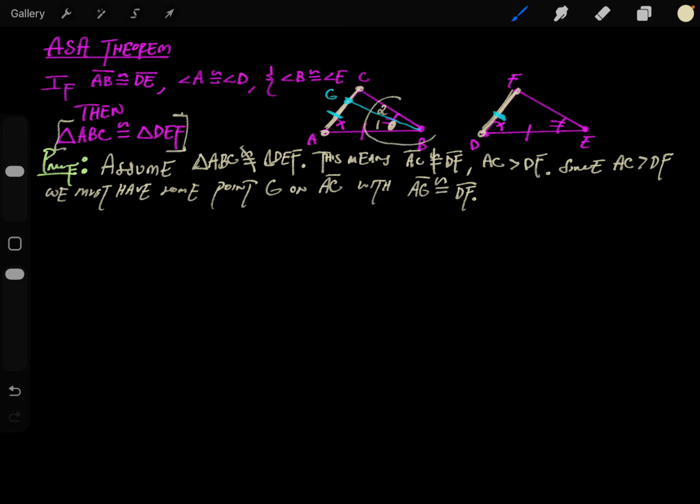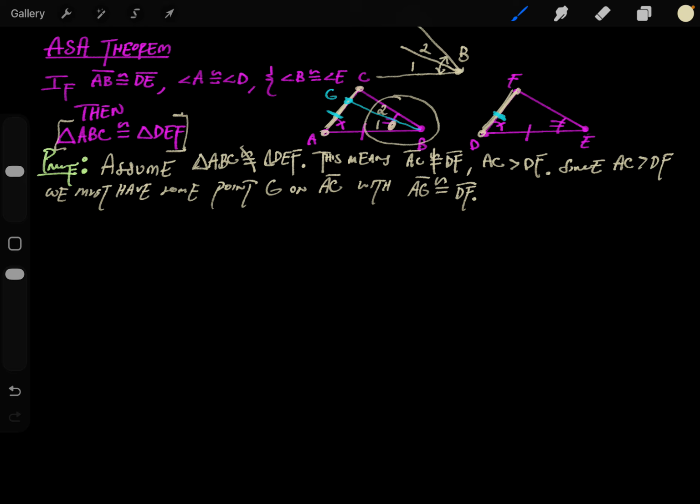Zoom in on this idea here. It looks something like this if we zoom in: 1, 2, and let's call the whole angle B. So 1 plus 2 is B, and 2 is non-zero.